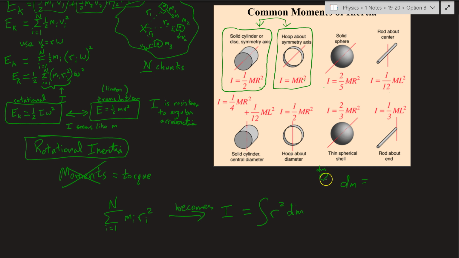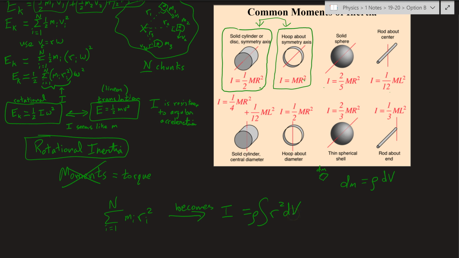A better way to calculate the integral is to say, well, if the thing's density is rho, and I multiply by a differential volume, then rho times the differential volume is the differential mass. So you don't actually do it in terms of mass, you do it in terms of volume.